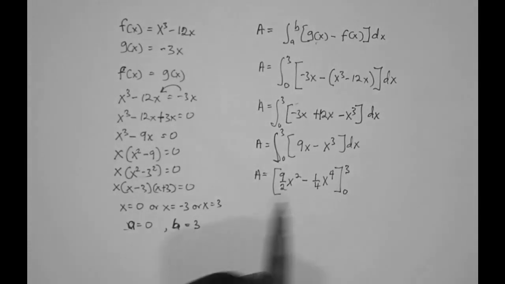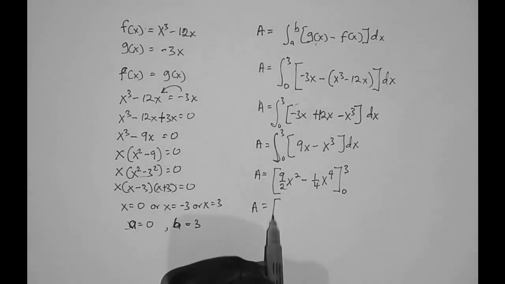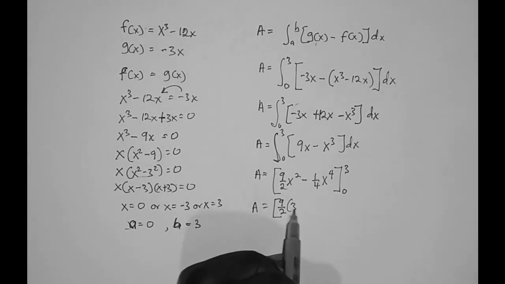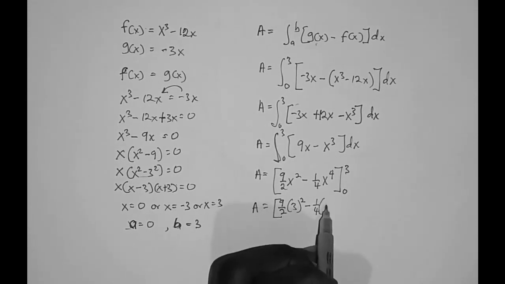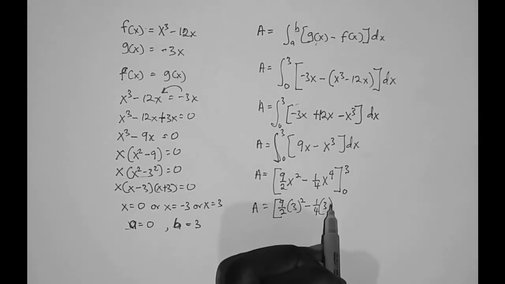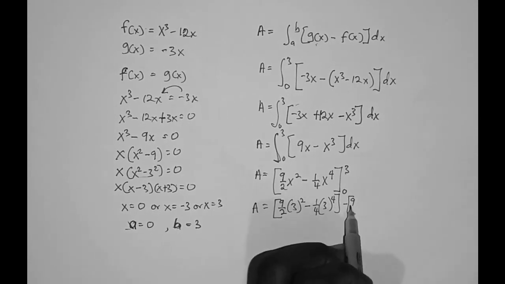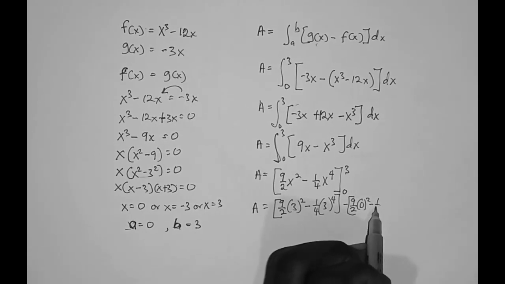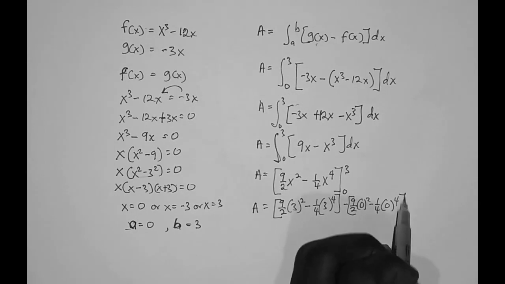So let's go ahead and substitute the limits. So the area A equals, we are putting the upper limit, which is 3. This is 9 over 2 times 3 squared minus 1 over 4 times 3 exponent 4. Then minus another bracket, 9 over 2 times 0 squared minus 1 over 4 times 0 exponent 4.